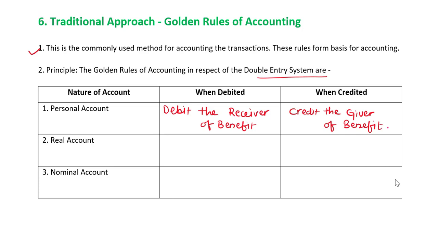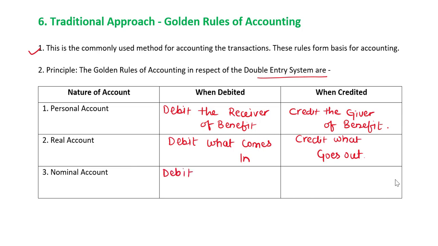The next is a real account, that is fixed assets or non-current assets, cash. The rule is debit what comes in, credit what goes out. And the last is nominal account.